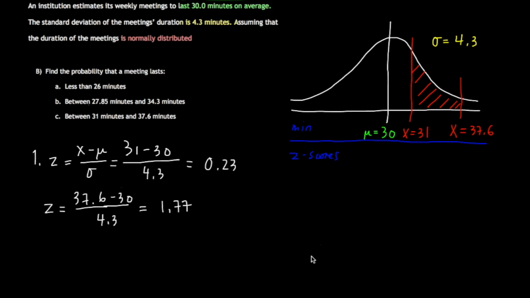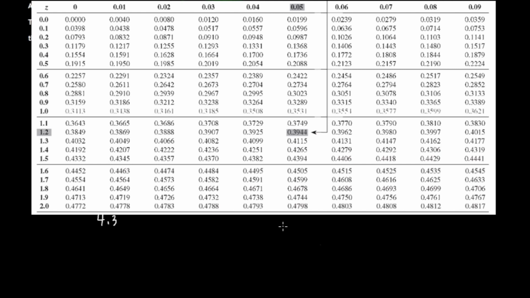And now let's pull up our z table and determine what the probabilities assigned to those z-scores are. Okay, so let's go ahead and do the first one. We're looking for the probability of z equal 0.23. So that is the intersection between point 2 right here and our second decimal are 0.03. And that is a probability of 0.0910.